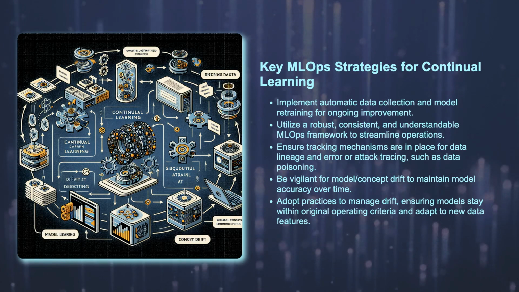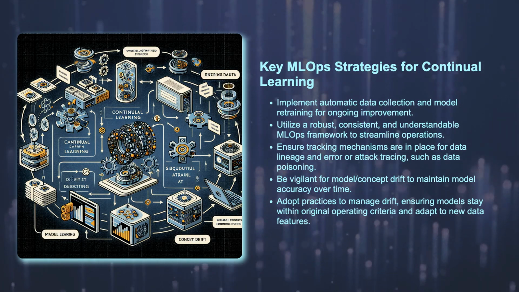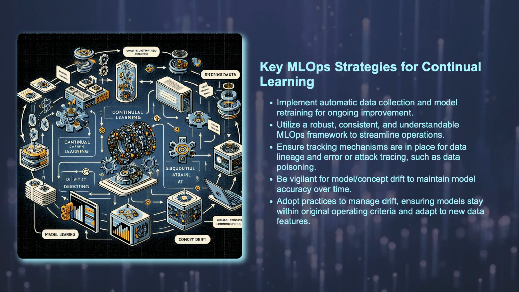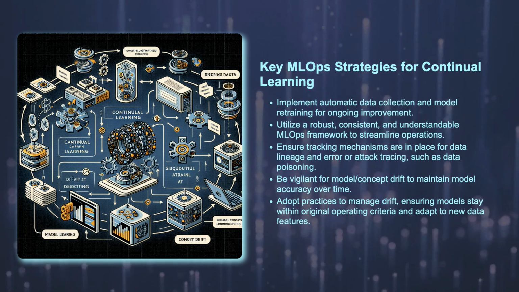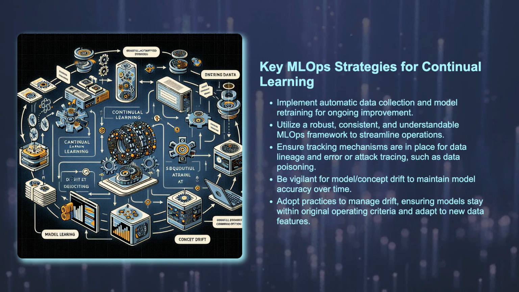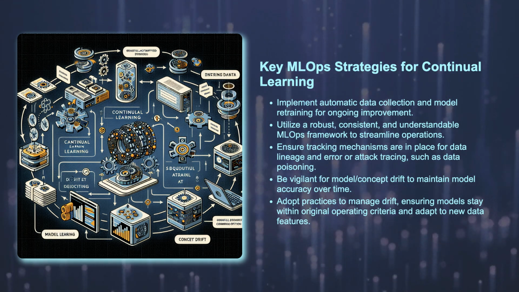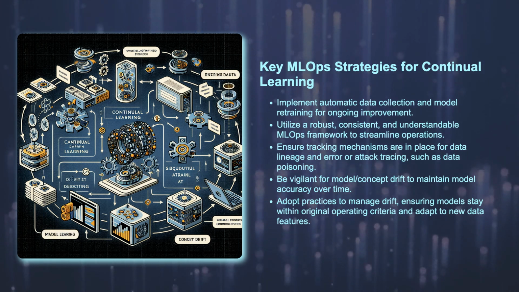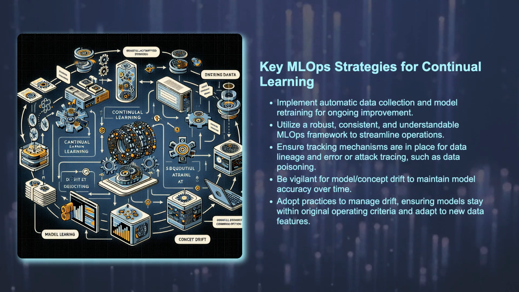Strengthen your approach, processes, development. Continual learning data collection and model retraining is an important part of your machine learning operations (MLOps) process. An effective MLOps process should be automatic, using a robust, consistent, and understandable framework. This will allow the tracking of data throughout the continual learning process and give the ability to follow it in the case of an error or attack, such as poisoning.